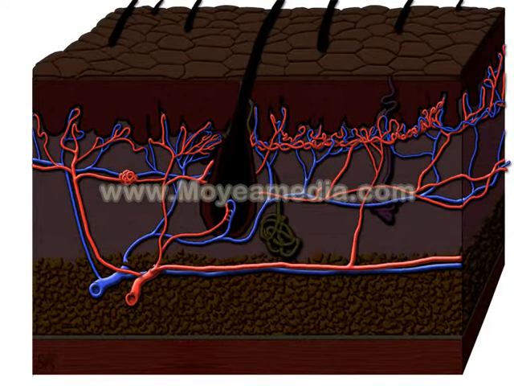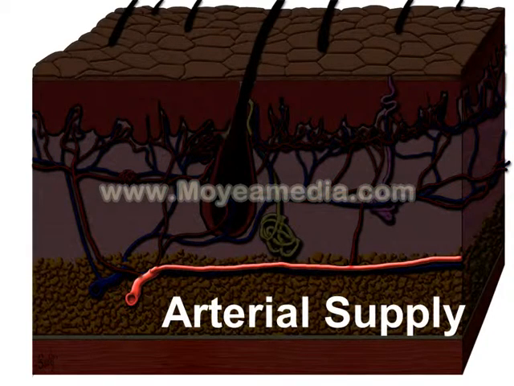We'll dissect out each of those portions and look at it individually. The arterial supply comes into the skin and forms part of the deep plexus at the level of the dermal subcutaneous junction.